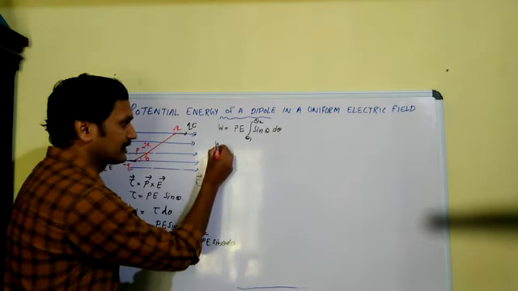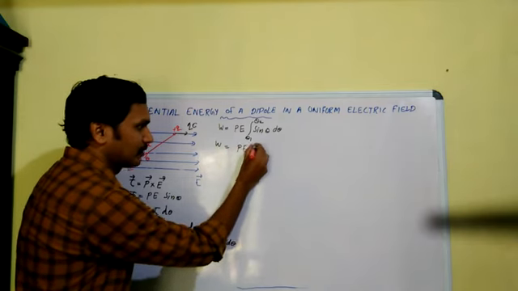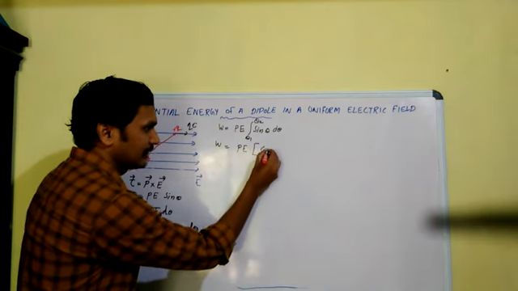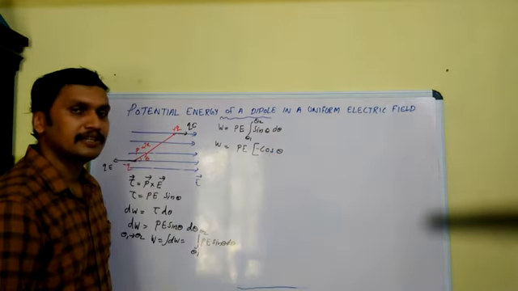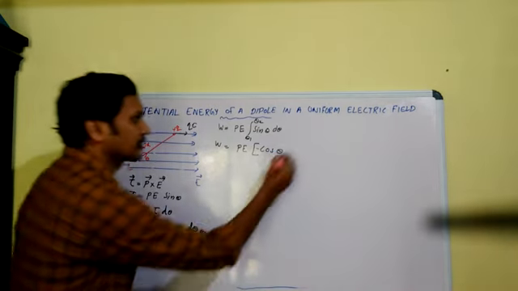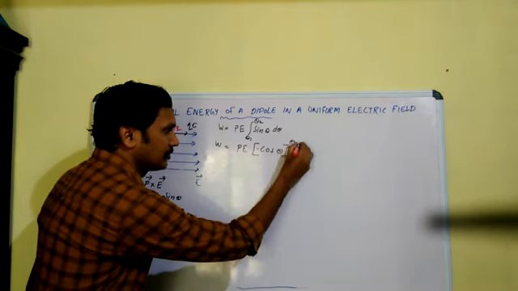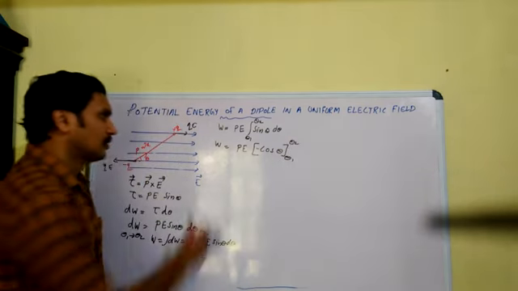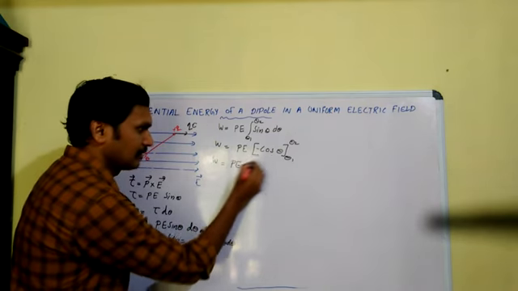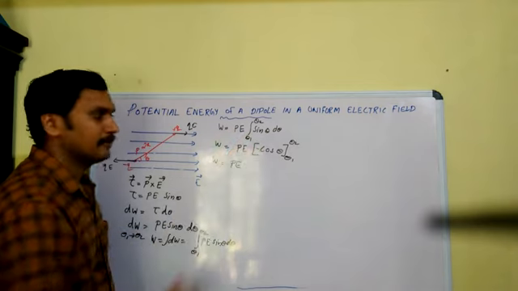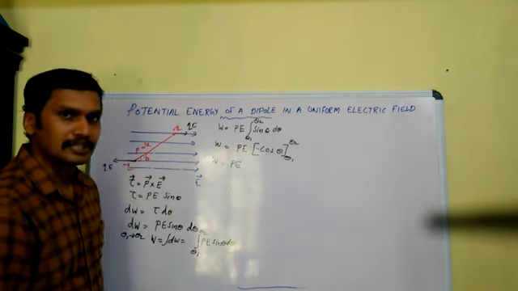So work is equal to pE times the square bracket of minus cos theta within the limit theta 1 to theta 2. Upper limit minus lower limit, that is minus cos theta 2 minus minus cos theta 1.